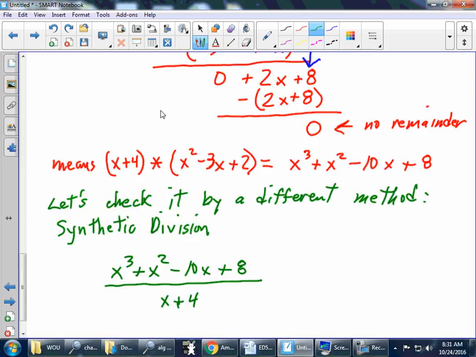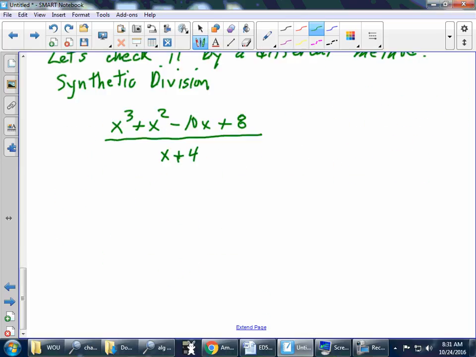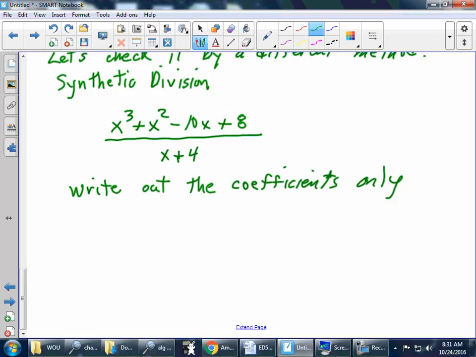It's going to look a little weird. Write out the coefficients only. Okay? What's the x cubed coefficient? 1.